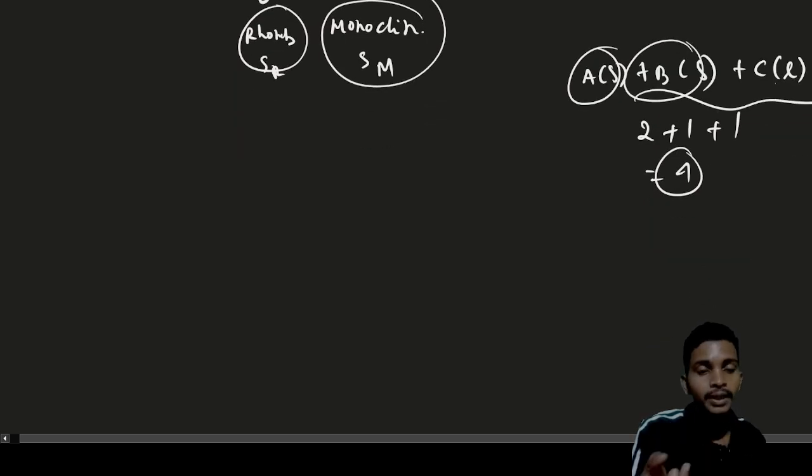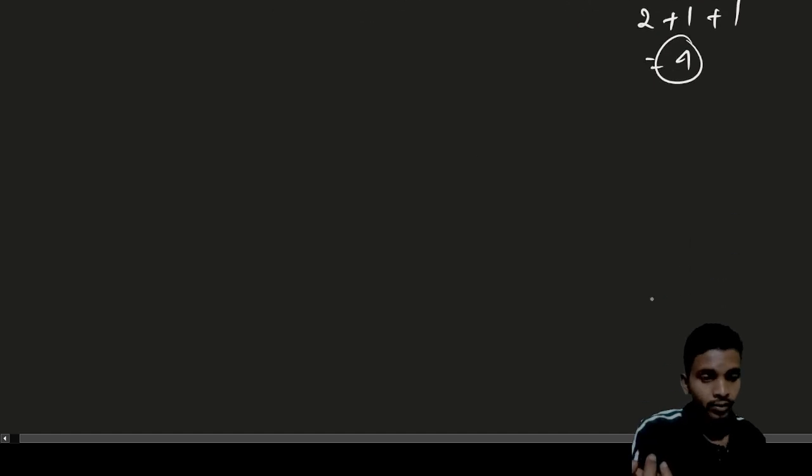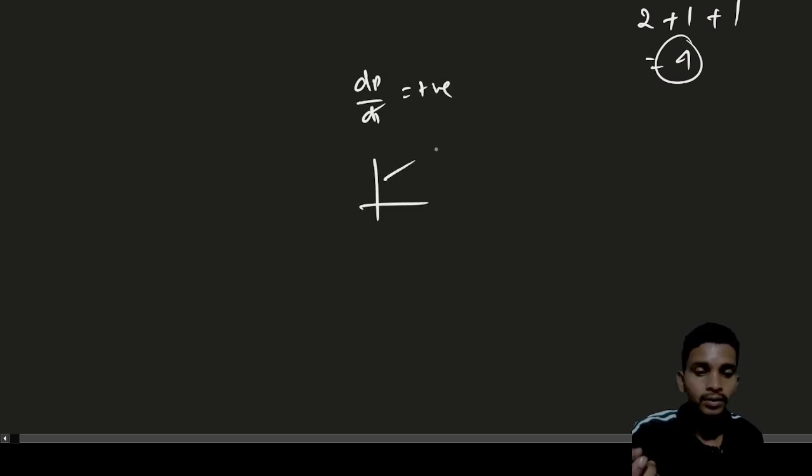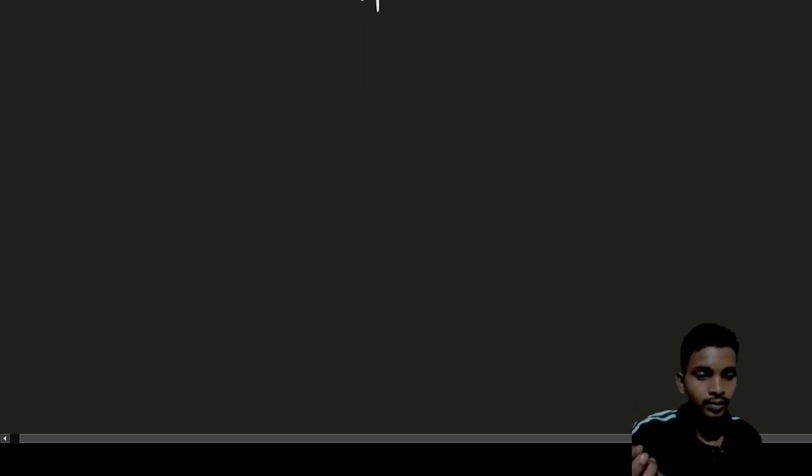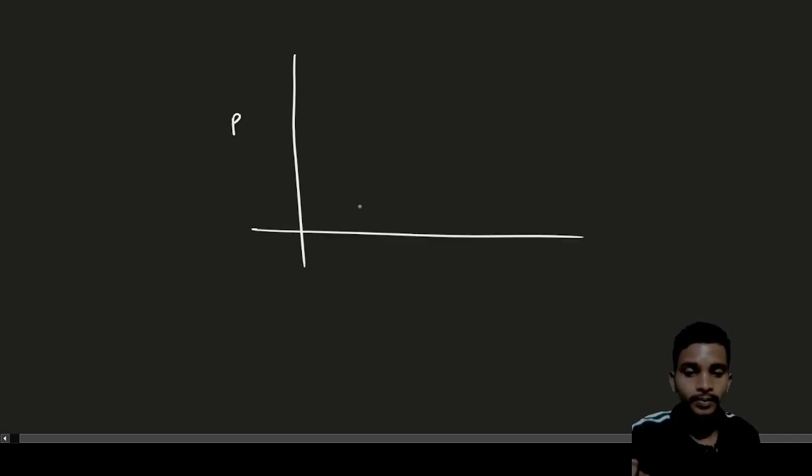So what will the phase diagram for sulfur be? Again the slope is positive, so we draw it this way: pressure versus temperature, with positive slopes.